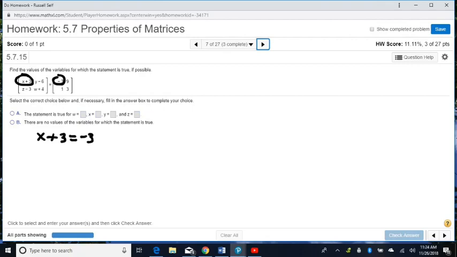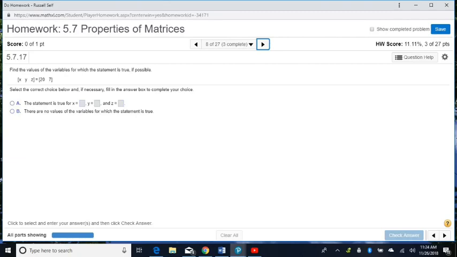It's the position of the information that lets you know that they have to be equal. So here again, we'll subtract 3 from both sides, which gets x equals -6. Make sure you put it in the right spot, because the x equals is right there. The first one they want is w. They're going to bounce those around a lot because they want you to be paying attention. They know the mathematics here is quite simple, so they want to make sure that you're closely paying attention to what's being asked. Okay? And I'll let you finish those off.